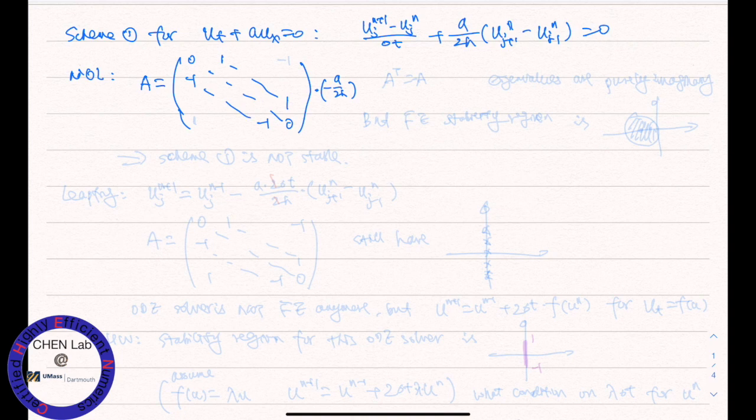And in particular, it is easy to see that A is asymmetric, A transpose is equal to negative A, and then we concluded the eigenvalues are purely imaginary.